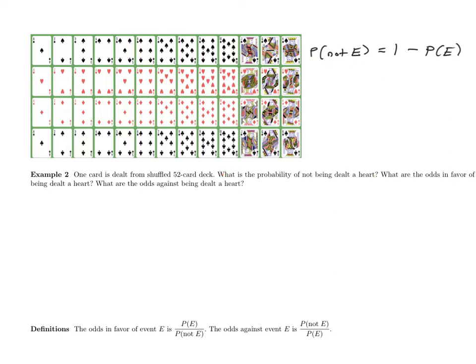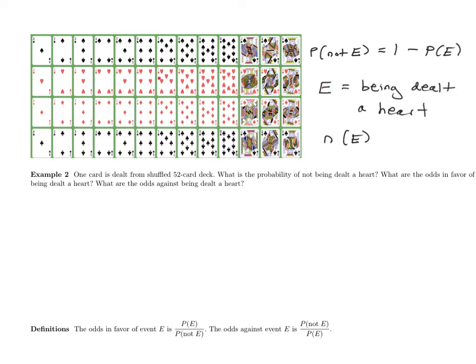So what is my event going to be equal to? The event I will choose is being dealt a heart. And what we really care about is the number of things in this event. So if you have these 52 cards, that's the sample space, we know that has a size of 52. How many ways can you be dealt a heart?